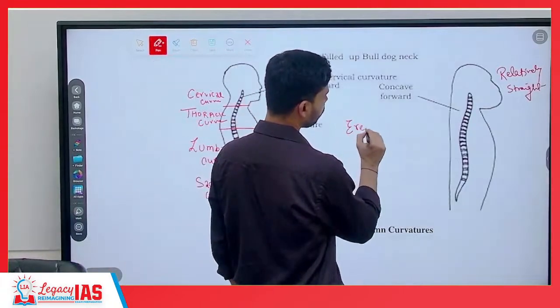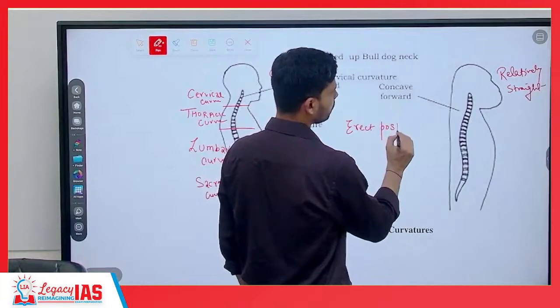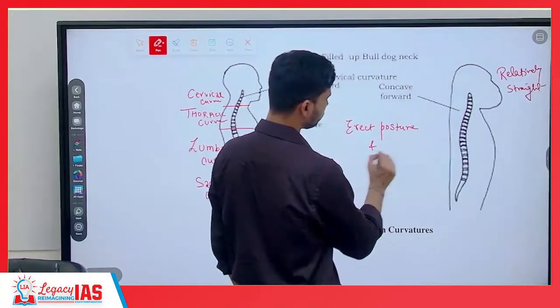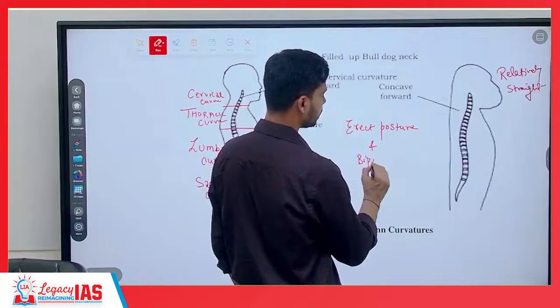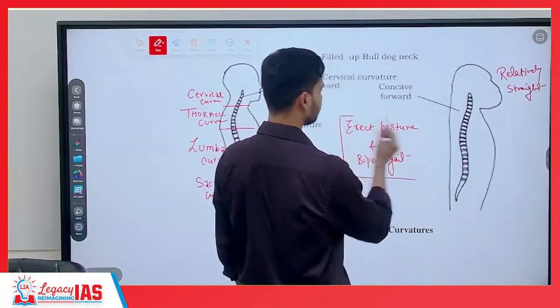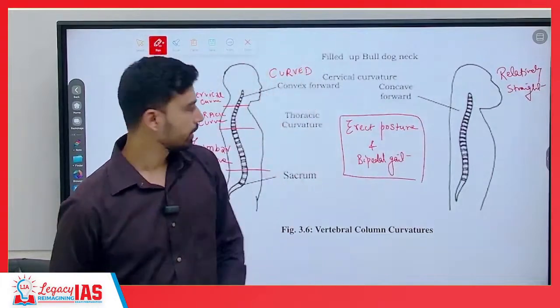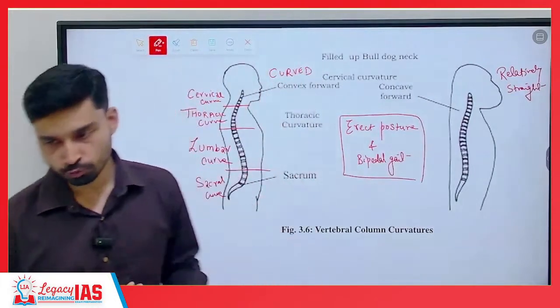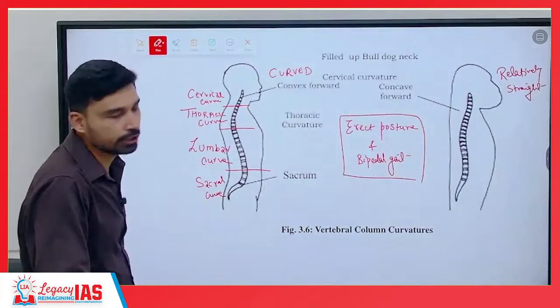Bipedal gait basically means the way of movement, how you are moving. So bipedal, G-A-I-T, gait.